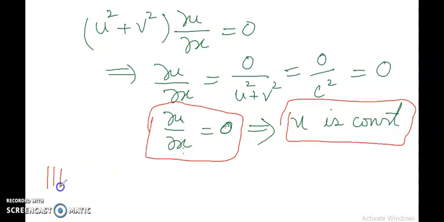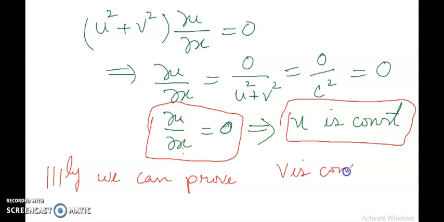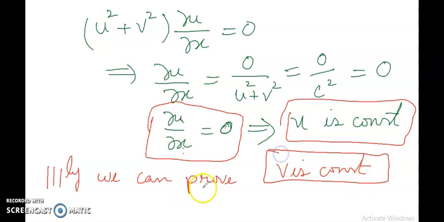Similarly we can prove v is constant. We are not proving this, it is enough if you write: similarly we can prove v is constant. If u and v are constant, what is f(z)? f(z) is equal to u plus iv.